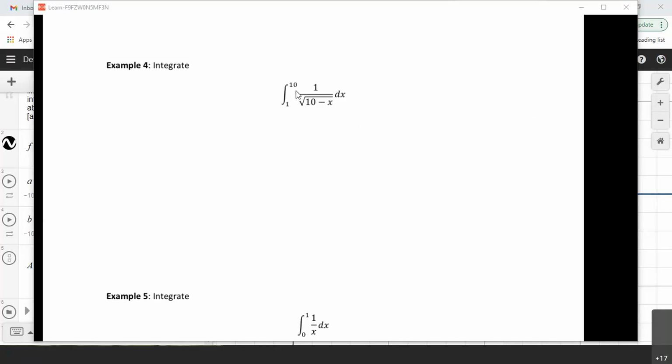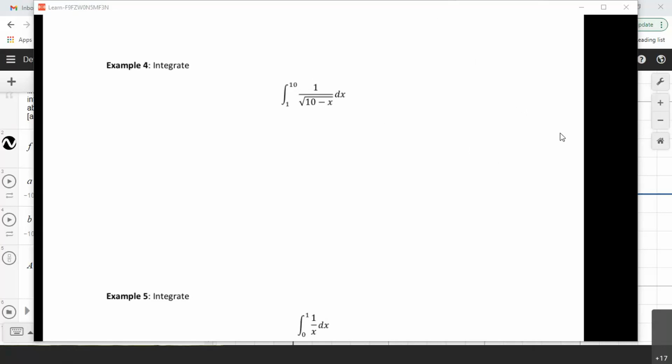What happens when x is 10? Can anybody tell me what happens to my function here when x is 10? Yeah, the denominator goes to 0.